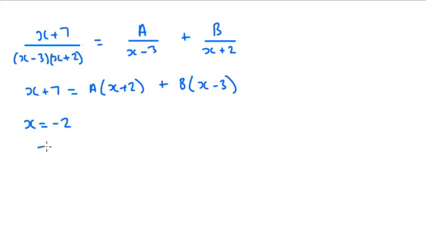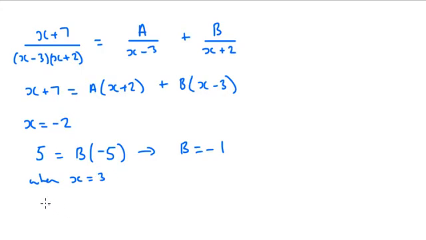That will give me a left-hand side of 5, a right-hand side of 0 here, which will allow me to find B. We're going to have minus 2 minus 3 here, so that's minus 5. So B is minus 1. And if we now let x equal positive 3, the B bracket will disappear.